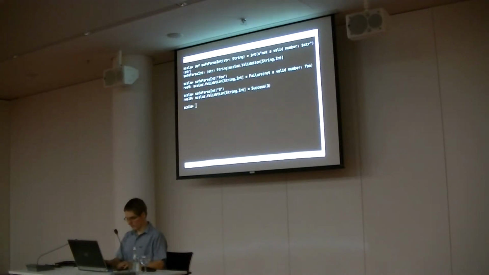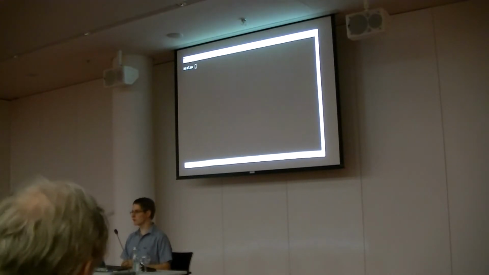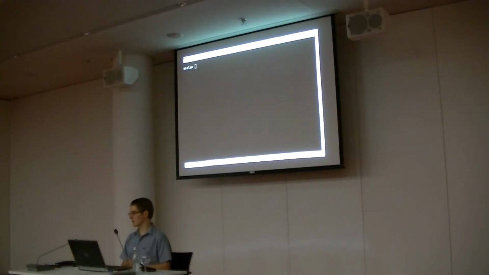So now let's turn on the magic. Assume you have a list of strings and you want to convert them all to integers, and you want to get a list of all error messages if two of them or three of them are not valid. But if all of them are valid, you would just like to get the complete list of integers, right?